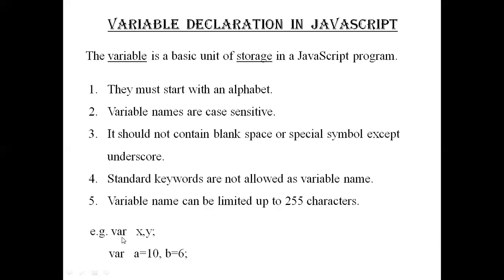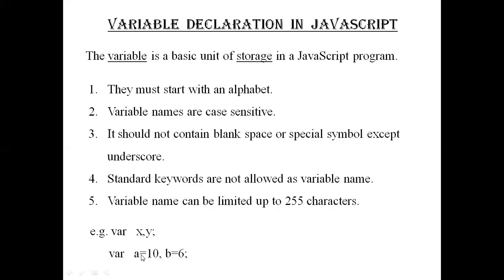VAR is the starting part. So variables are declared and initialized with the keyword VAR. So you have VAR and the variable name. Here I have two variables, X and Y. So we write var X comma Y. And when you have initialized values to the variables, then var A is equal to something and B is equal to something.